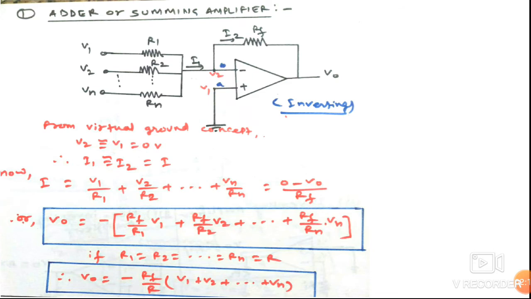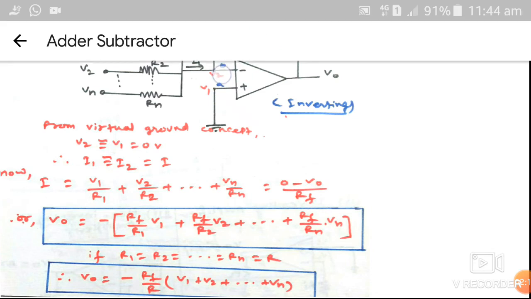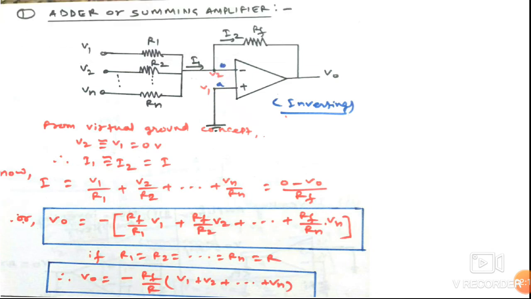Because the potential of this point is 0, we can apply nodal analysis here. So I equals (V1 minus 0) upon R1 plus (V2 minus 0) upon R2, plus so on, (Vn minus 0) upon Rn.